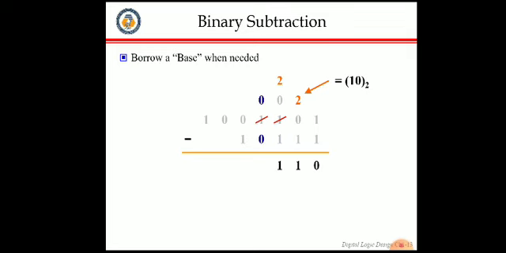Okay. So next position subtraction. In the next position subtraction, we have 0 minus 0. It is very simple. 0 minus 0 is 0. Okay, next we are left with another subtraction, 0 minus 1. We can't do, so take borrow 2.